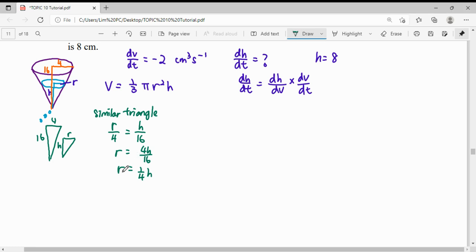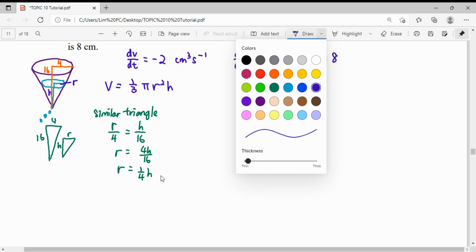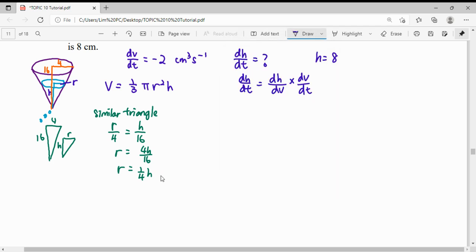After getting the relationship between r and h, we can substitute it into our formula, where the volume is equal to 1/3 πr²h. So now it will be equal to 1/3 π (1/4 h)² h. Simplifying this, 1/4 squared times 1/3 will become 1/48, so V equals π/48 h³.